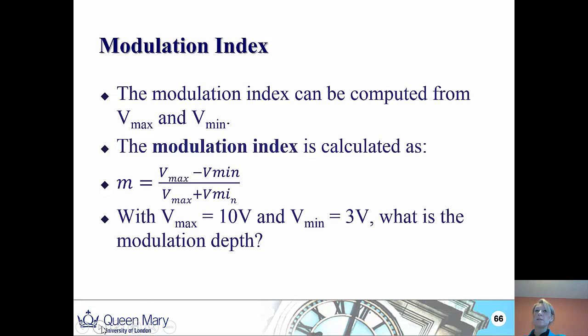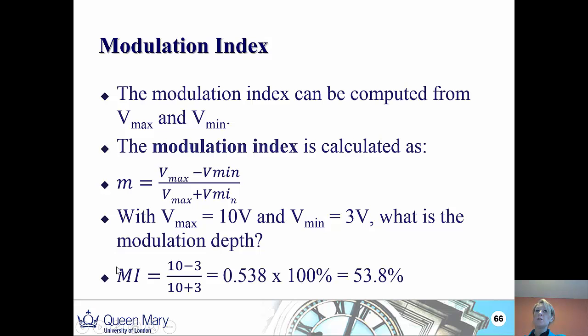So if we have a signal with a maximum voltage of 10 and a minimum voltage of 3, what is the modulation depth? We use this to work out the modulation index, and then we convert that to the percentage. So we have a modulation index of 0.538, and we convert that to the percentage, and we get 53.8% modulation depth.